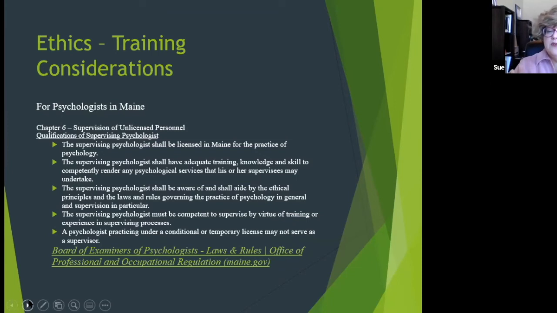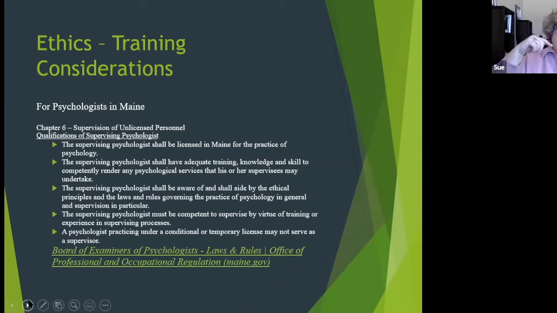Psychologists must be competent to supervise by virtue of training and experience in the supervising practice. And for those of you who don't know this, psychologists practicing under a conditional or temporary license may not serve as a supervisor. So just so you know that. Psychologists have it laid out fairly specifically in the state.